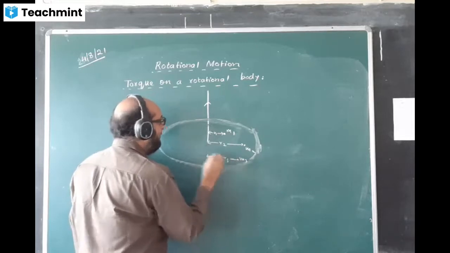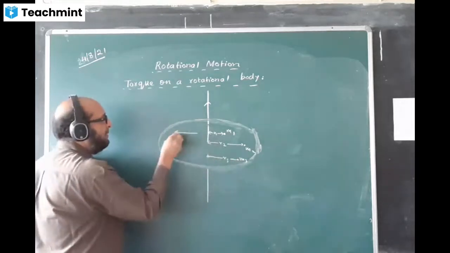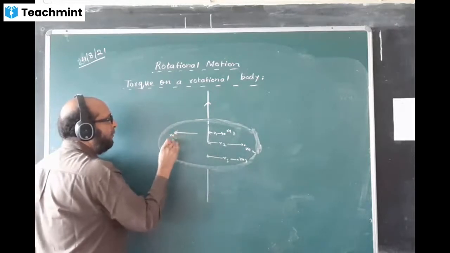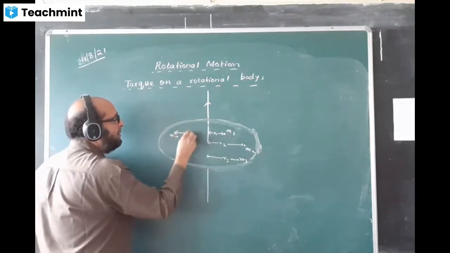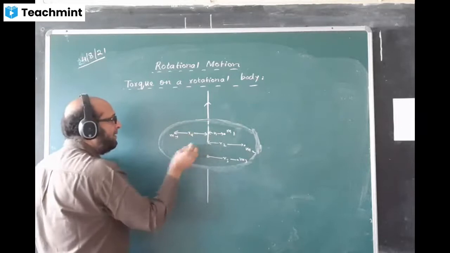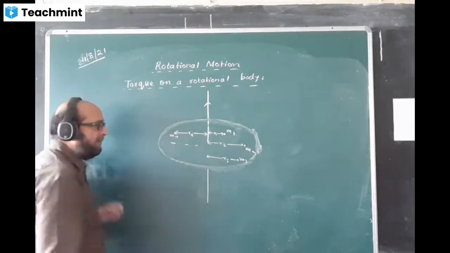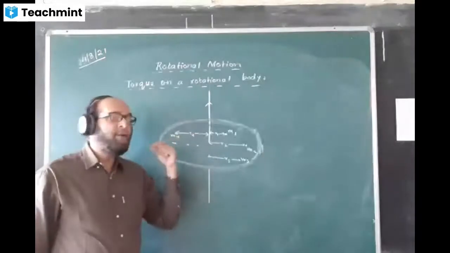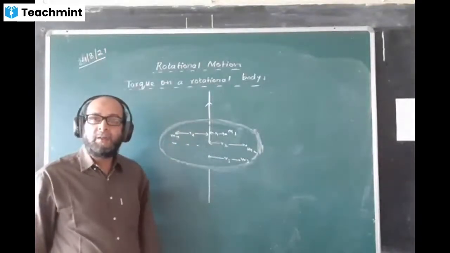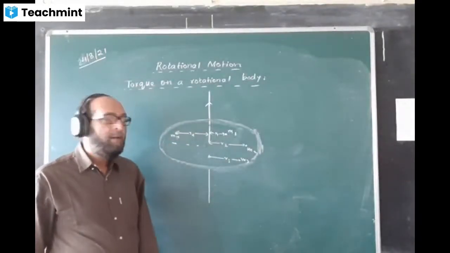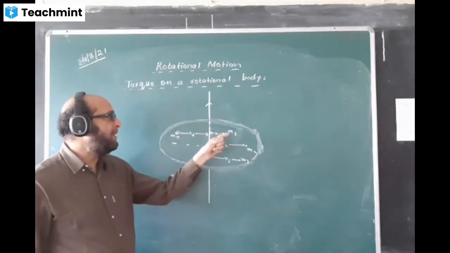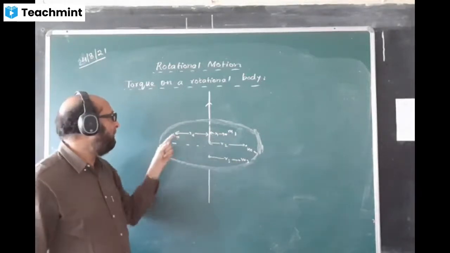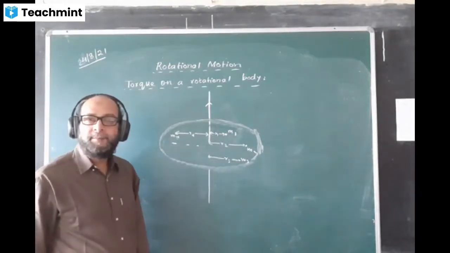Let us take some particles on this side: M4, distance R4, and so on. The body is made up of many particles. Let us suppose the masses of the particles are M1, M2, M3, M4, and so on.